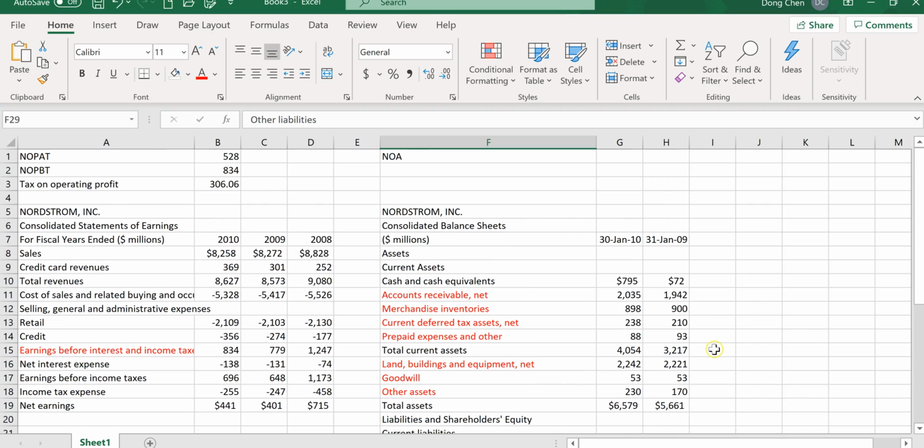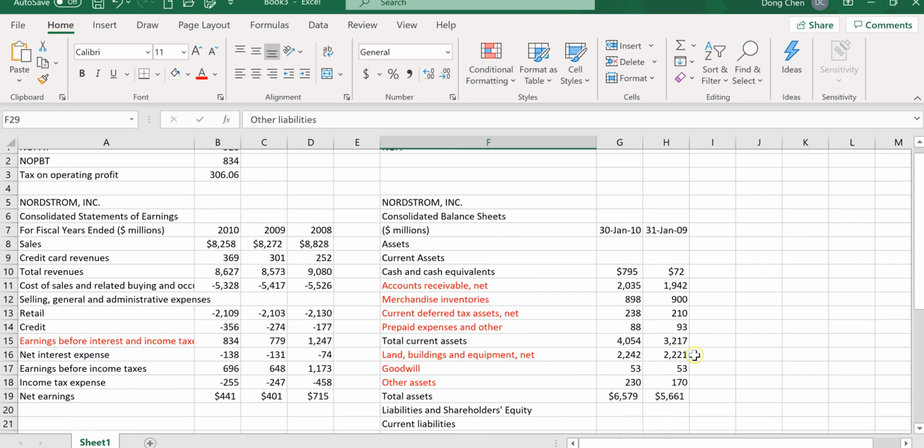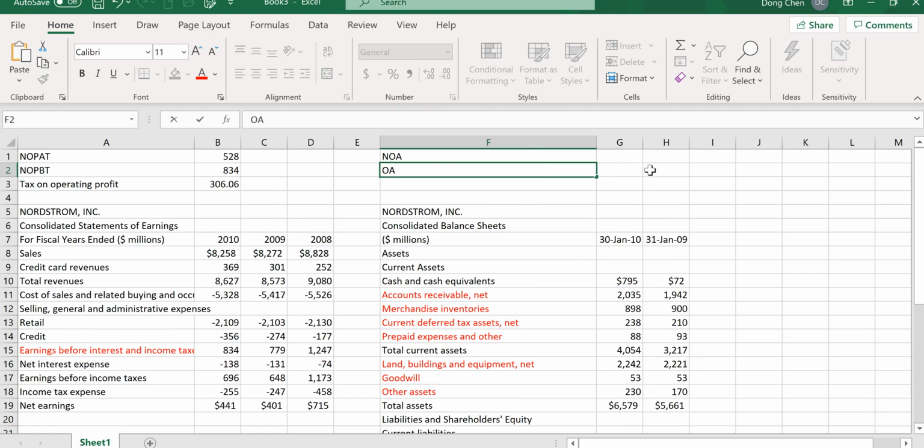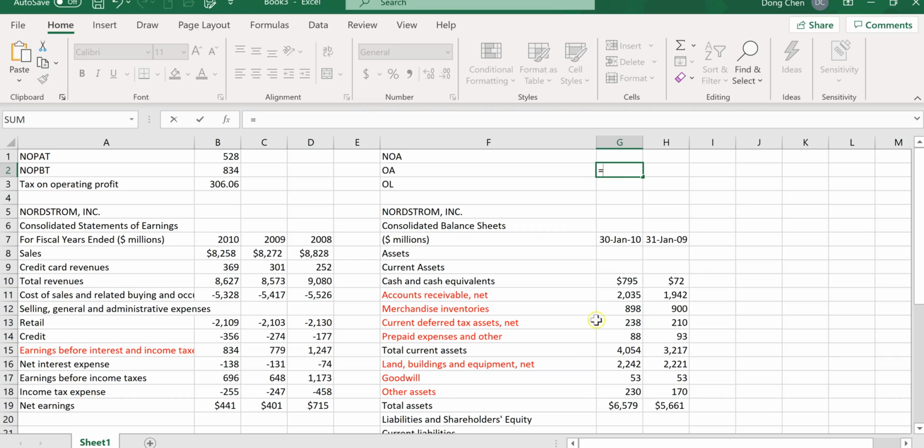So now let's calculate the net operating asset by taking the difference between the operating assets and operating liabilities. Again, how do we calculate the operating asset? Operating asset is basically the sum of these different items. But because the only item ruled out from the asset side of the balance sheet is the cash, we just take the difference between the total assets and the cash, and that's the sum of these items.